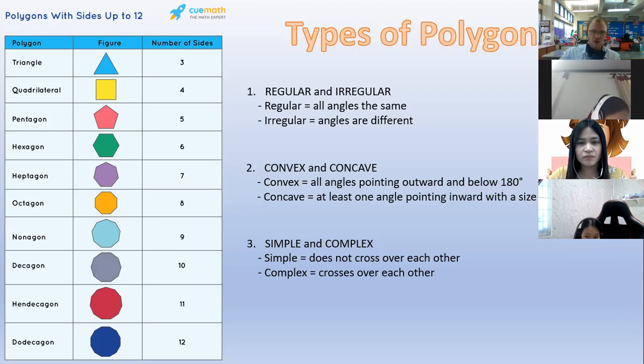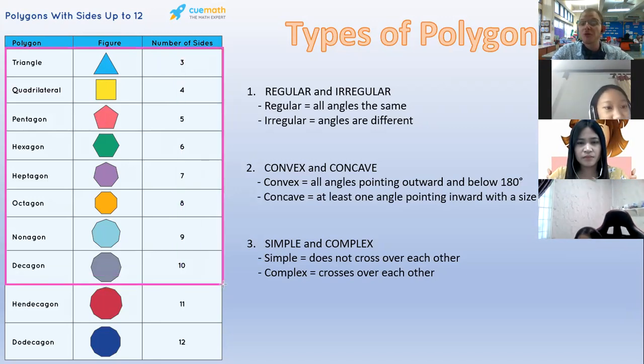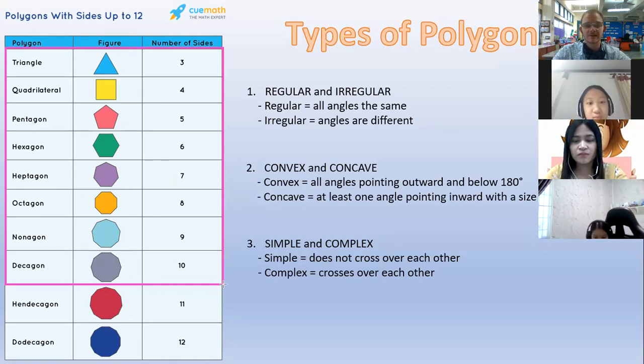We will probably only look at the first 10. If I'm going to ask you questions, we will focus mainly on the first 10 because we also have to use some formulas to calculate the angle sizes. So we'll also have a look at that.